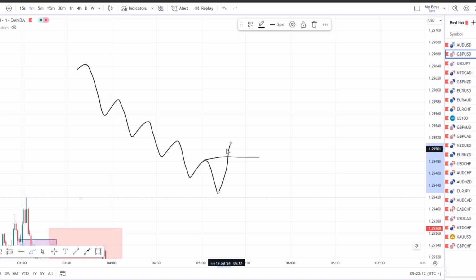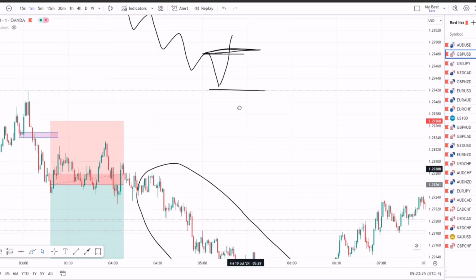You want to see price closing above that last step, and then it is a buy setup for you. Your stop loss is below there. Let me show you again.